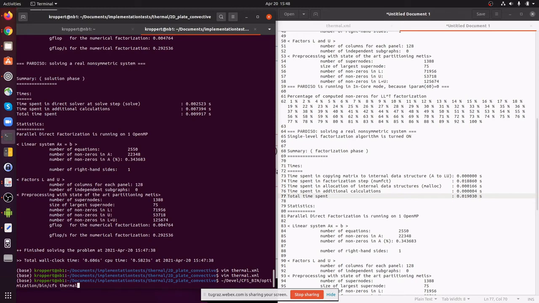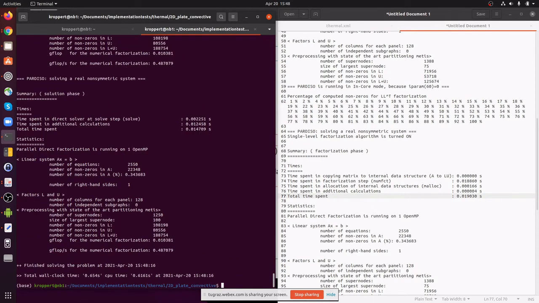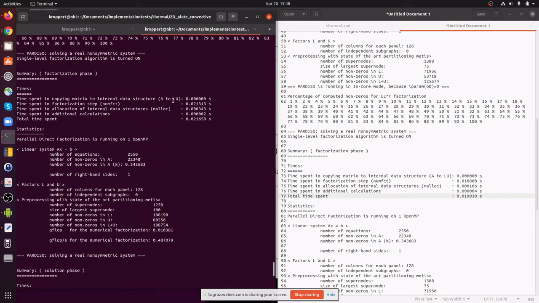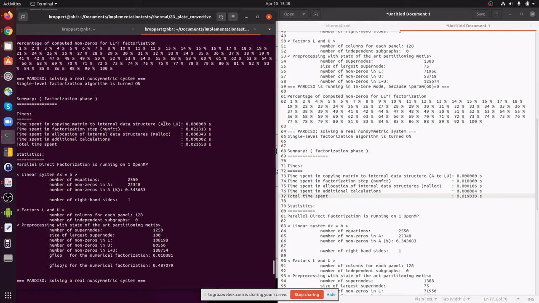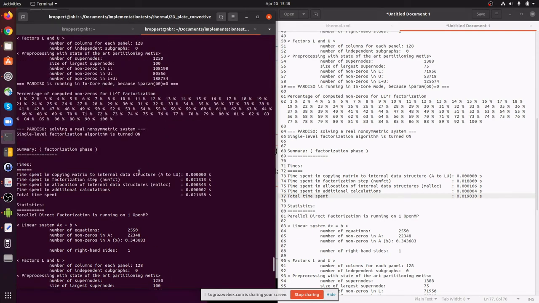And simulate it again. The factorization, and now we see a difference. So the factorization phase left at the high velocity, right at the low velocity. And we see an increase in factorization time and also in the total time.